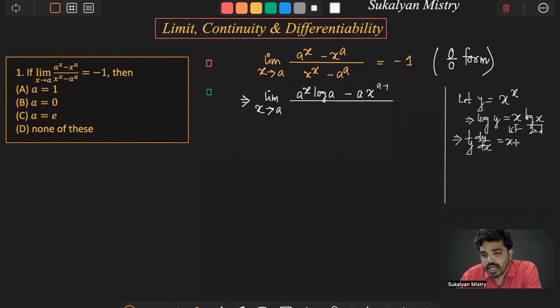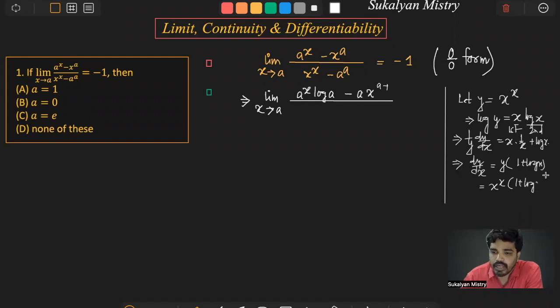First function times derivative of second, that is 1/x, plus second function times derivative of first, that is x times 1. So x cancels out. So dy/dx is equal to y into 1 plus log x. What is y? y is x to the power x. So x to the power x into 1 plus log x.